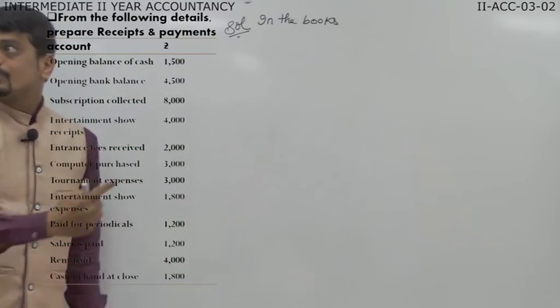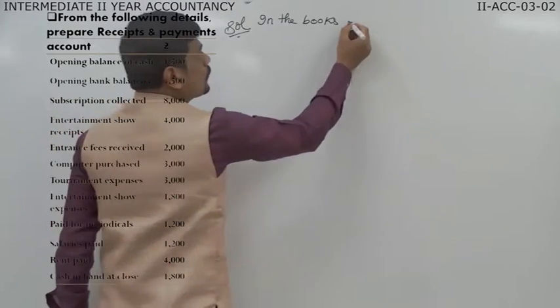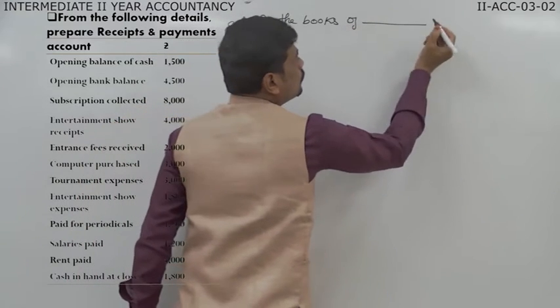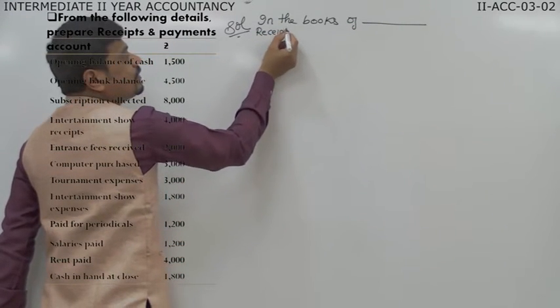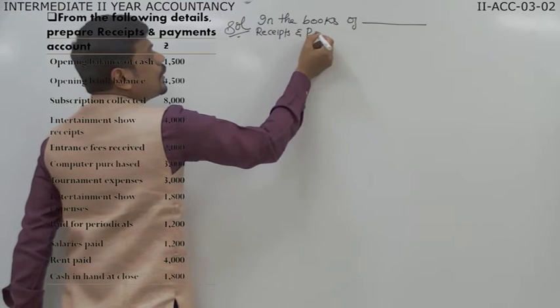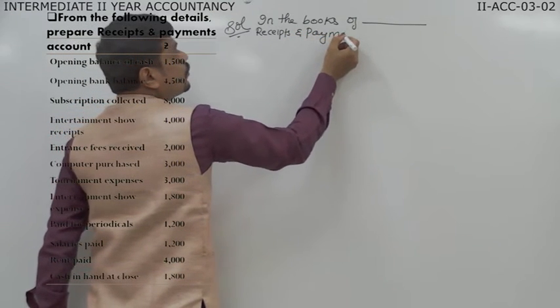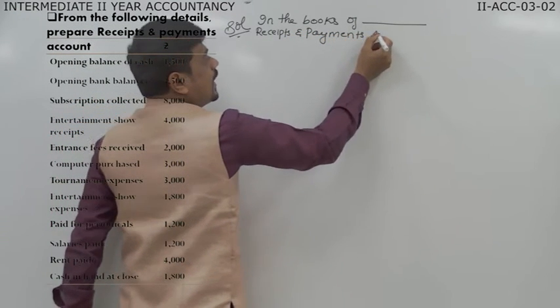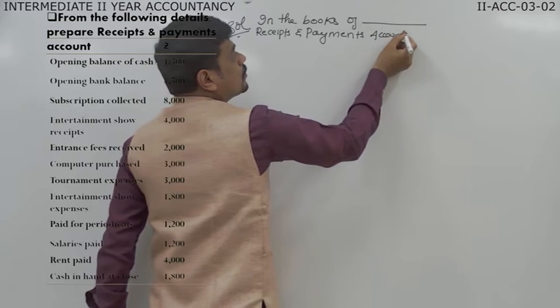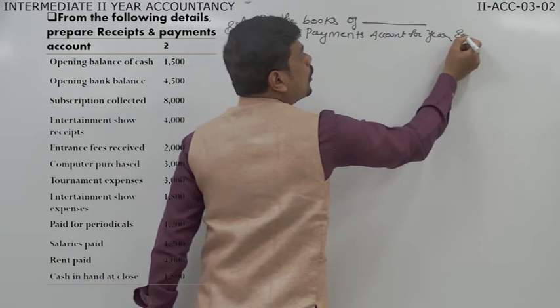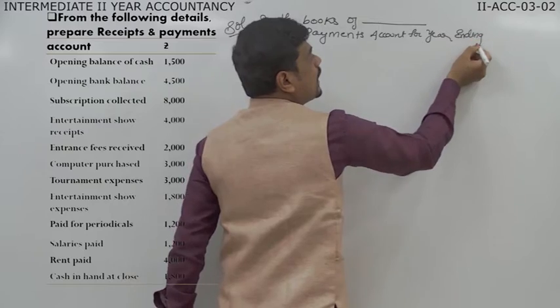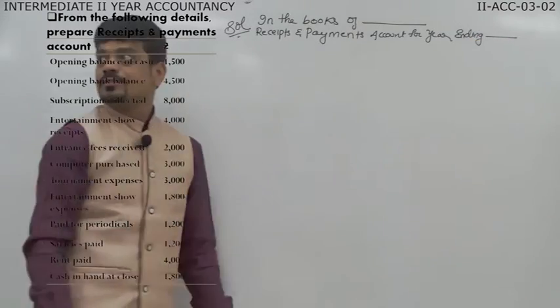So in the books of, the name is not given, so just leave it. Second line, write receipts and payments account for year. They have not mentioned the year, so we can write year ending dash.